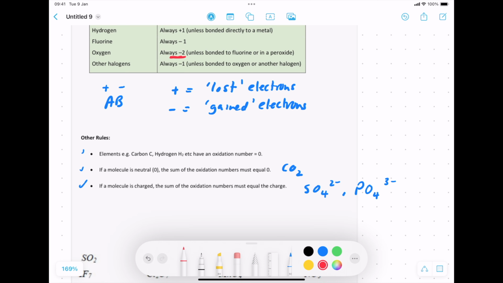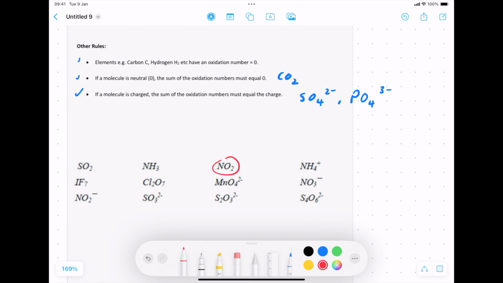In this case, oxygen is more electronegative than nitrogen. So there's 2 of them, so it would be -2, -2, which means nitrogen has to be +4 for this molecule to come to 0. Remember, if a molecule is uncharged, its total would be 0, which means the oxidation numbers must add to 0.